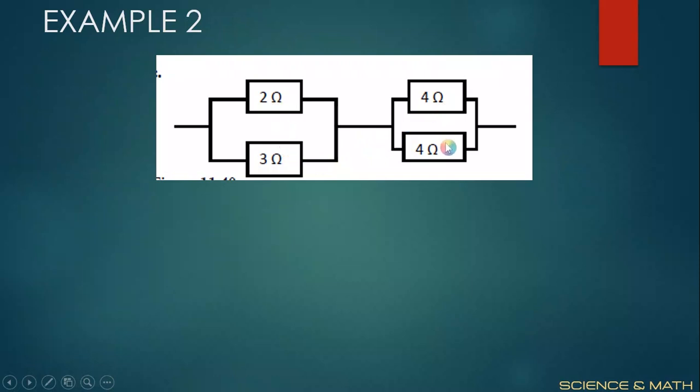So what we're going to do is calculate these ones in parallel separately, and then calculate these ones in parallel separately, and then the resulting ones, we are also going to calculate using the series method.